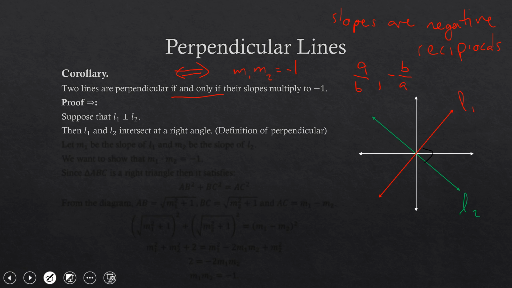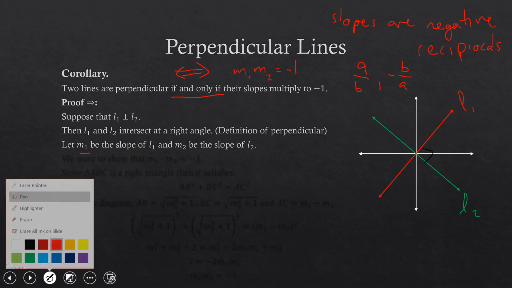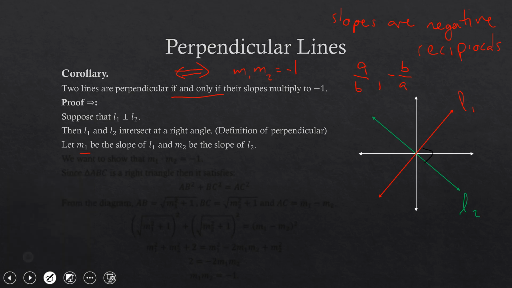They intersect at a right angle because they're perpendicular, so they're going to have two slopes. L1's going to have some slope, we're going to call it M1, and L2 is going to have a slope, we can call that one M2. Our goal is to show that when we multiply M1 and M2 together, we get -1 out.